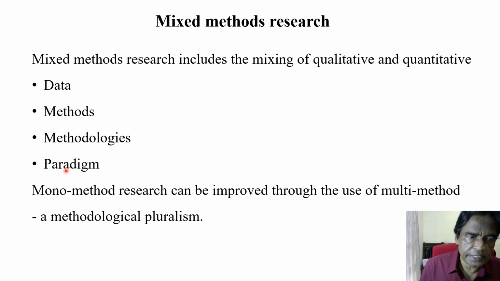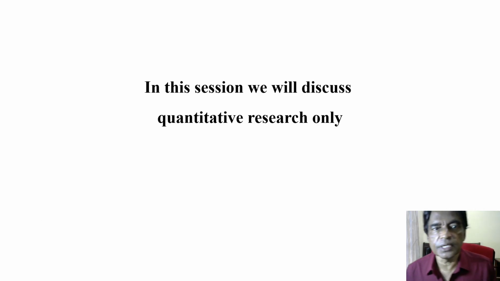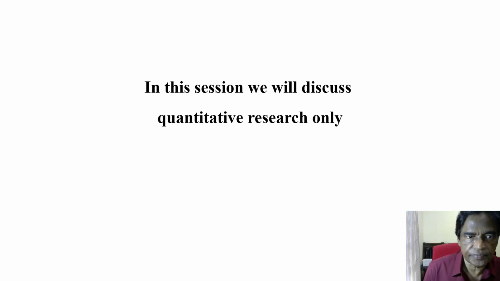So by mixing this, instead of mono method, either quanti or quali, now research can be improved through use of multi-method. So methodological pluralism, right? So that's the current trend. So this session will discuss only quantitative research.